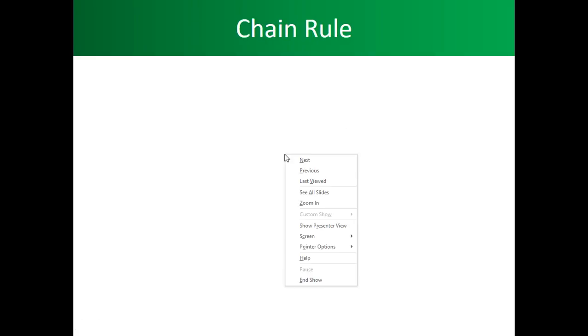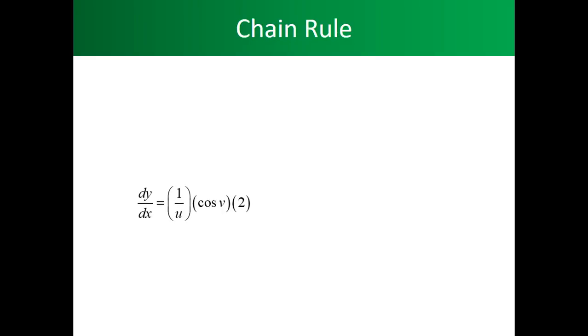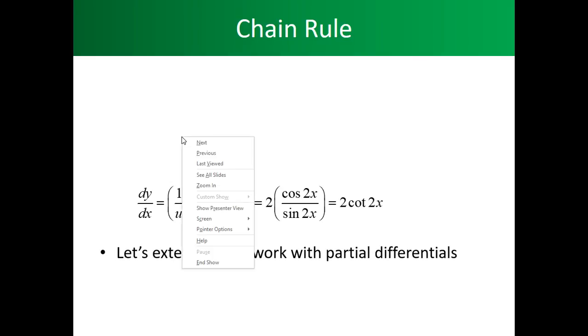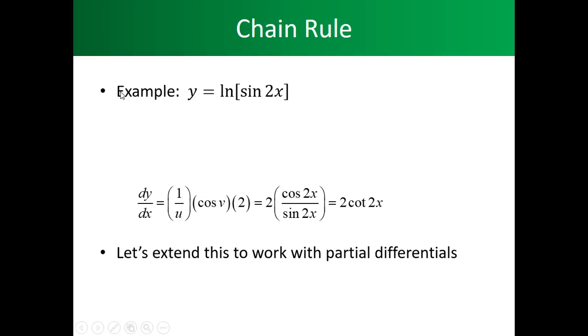Now we're going to talk a little bit about the chain rule, now that you've had that example to work on. When we talk about the chain rule, what actually happens here? We're going to start with this specific example. y is equal to the natural log of the sine of 2x.